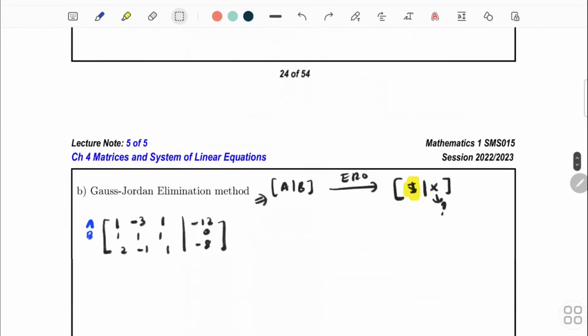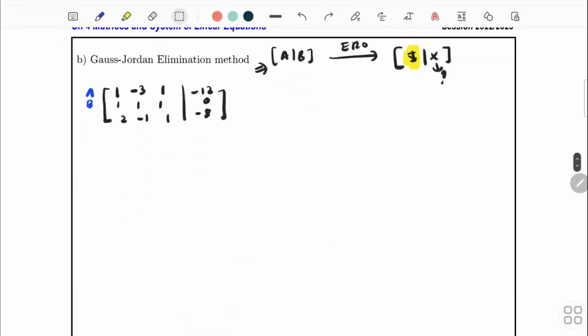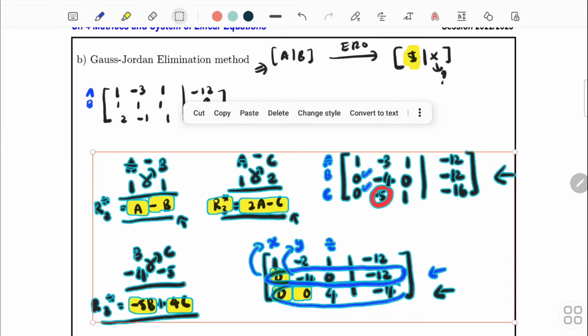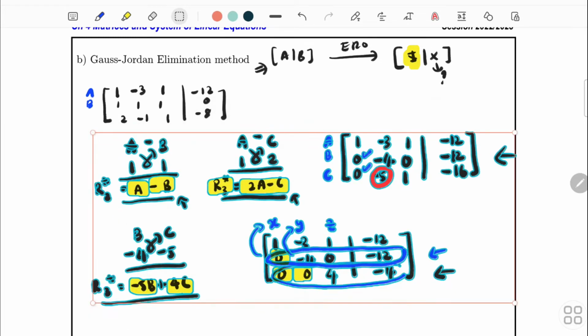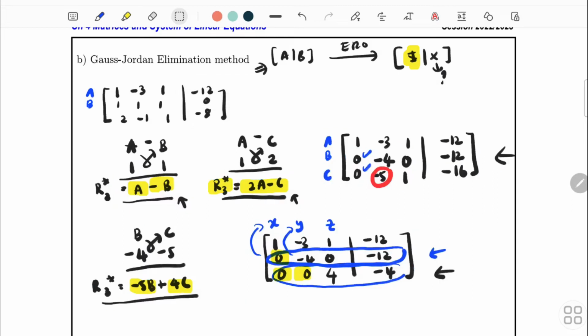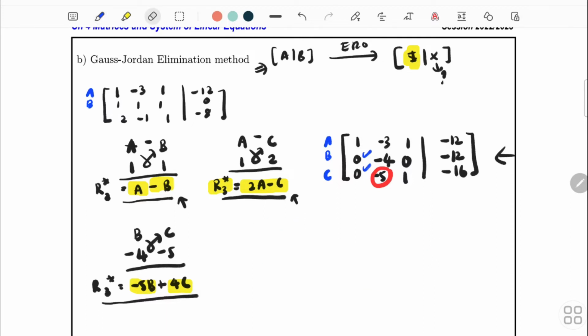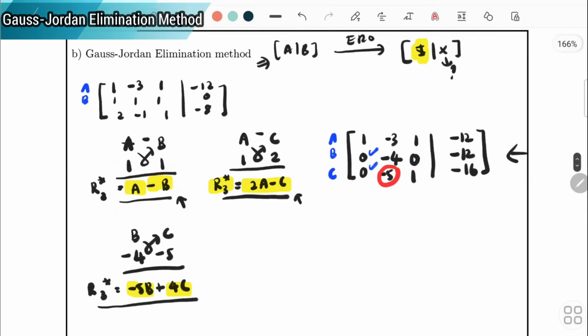I'm going to copy this part and paste it right here, since we already did it in the previous part. Okay, so let's take a look at what we have done. Let's get started.